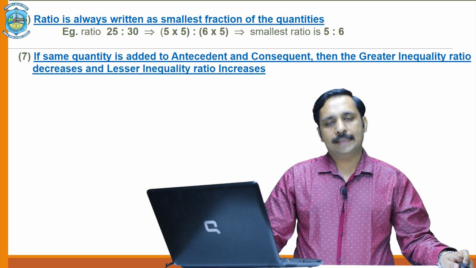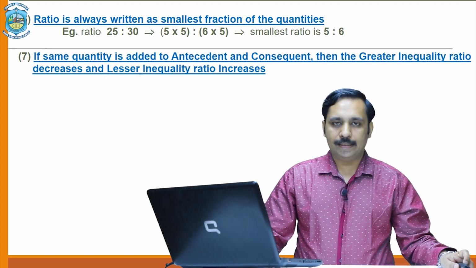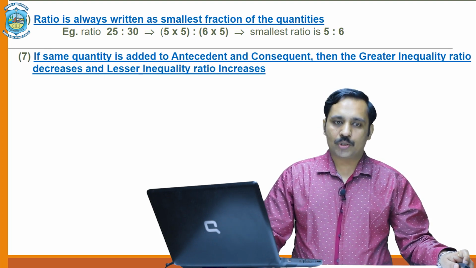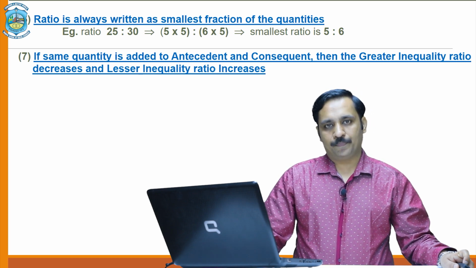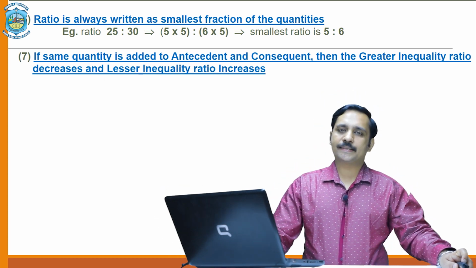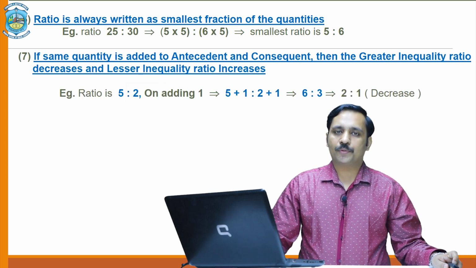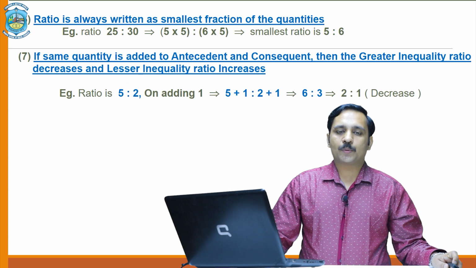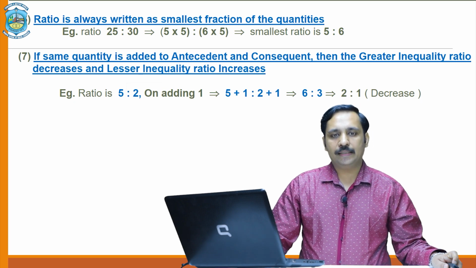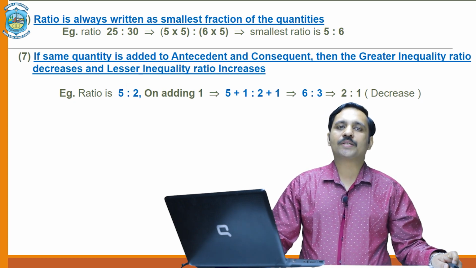Next, if same quantity is added to the antecedent and the consequent, then the greater inequality ratio decreases and the lesser inequality ratio increases. Let us understand what is written. For example, we have a ratio 5 is to 2. Now on adding 1 to both the sides, we have 5 plus 1, 6, and 2 plus 1, 3. That means my ratio is 6 is to 3.